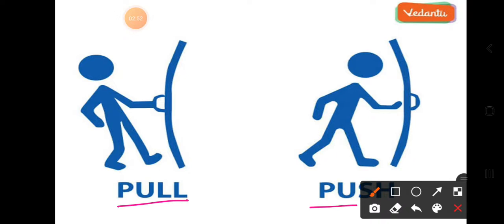So now the push and pull actions that are shown on an object are called force. So what is a force? The push and pull actions on an object are called force. Here in today's class, we are going to learn what is a force and what are the different effects that are caused by the force.